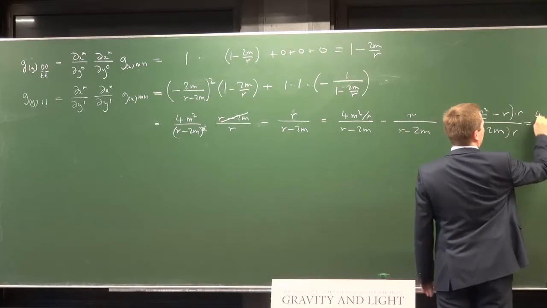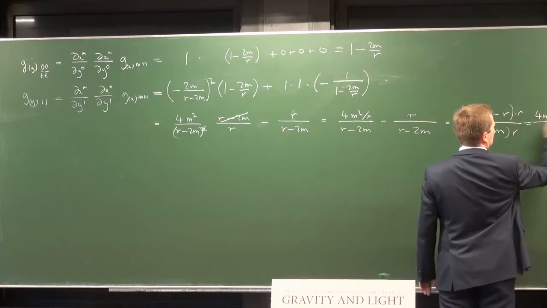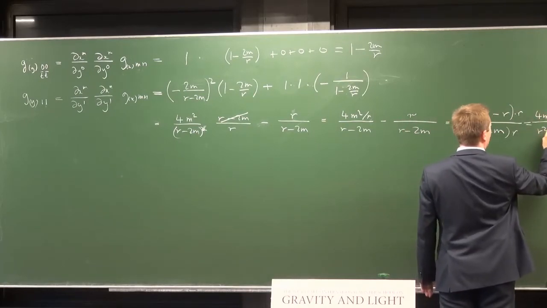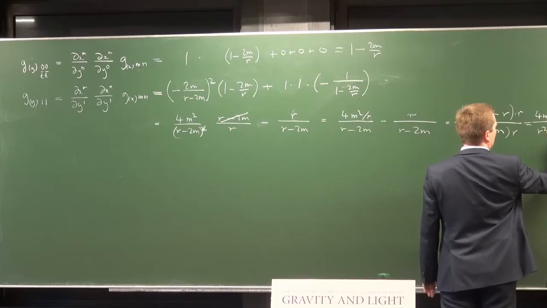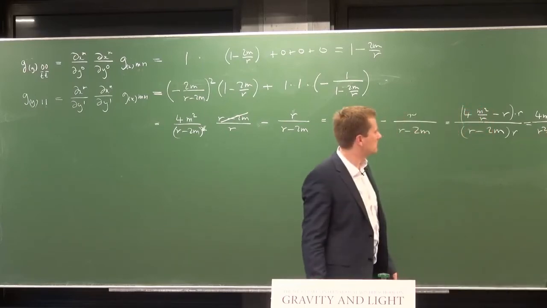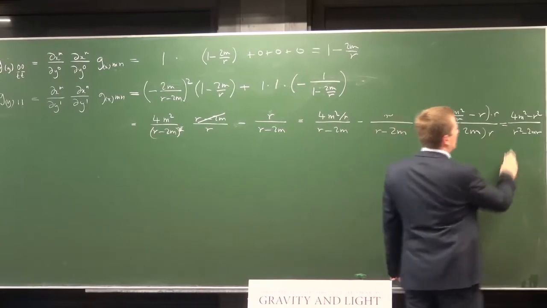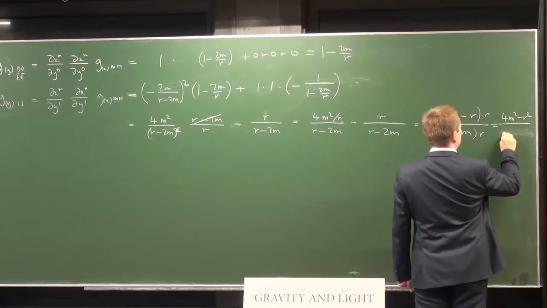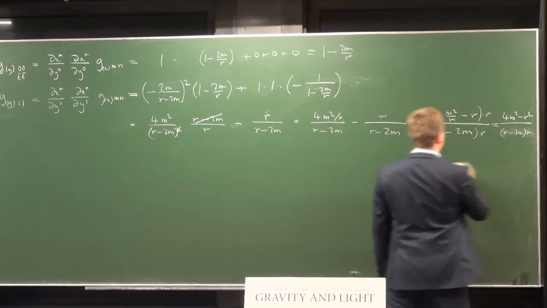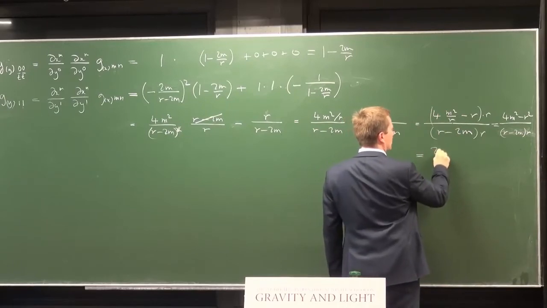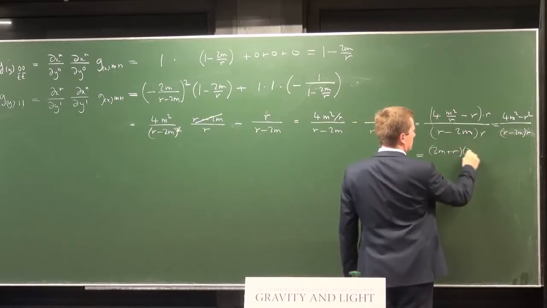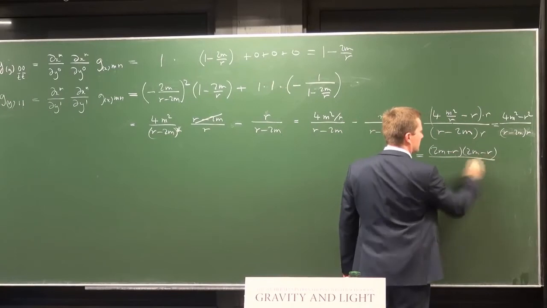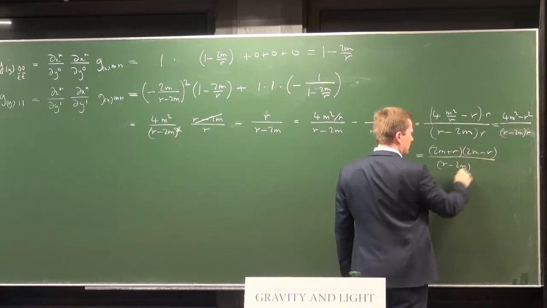Okay. So this is 4m squared minus r squared, by r squared minus 2mr. And now? Okay, now I start understanding r minus 2mr, and now you want the third binomial or something. Something like that, right? Who's laughing?